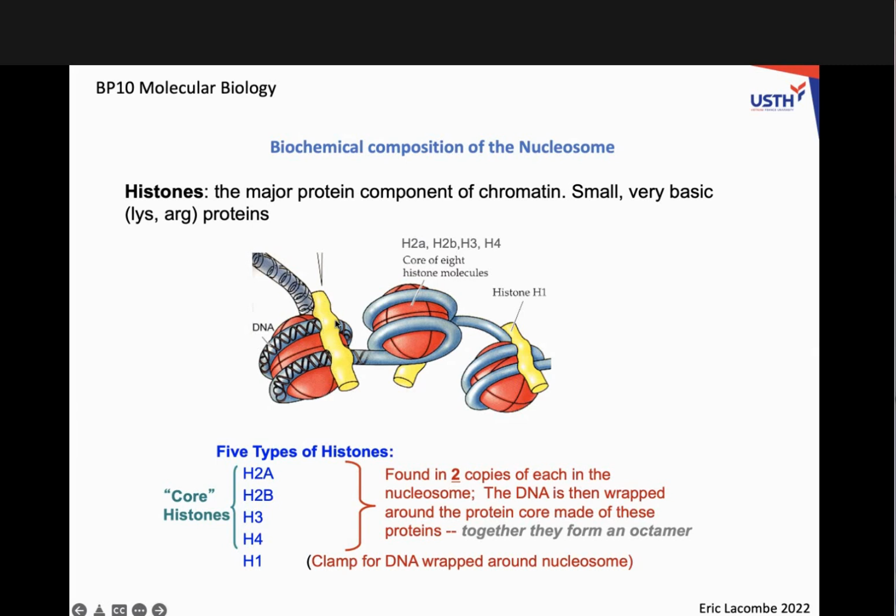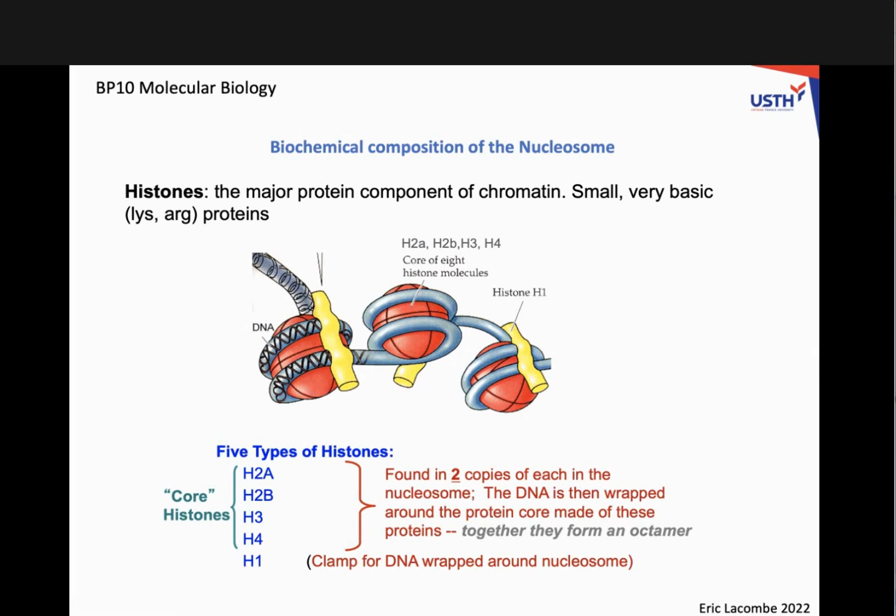And you see it stabilizes the 2 rounds of DNA. So the total nucleosome will be 9 proteins: 8 histones forming the core of the nucleosome, and 1 H1 that is going to clamp the DNA in order to stabilize this complex. Okay, so that's the structure.